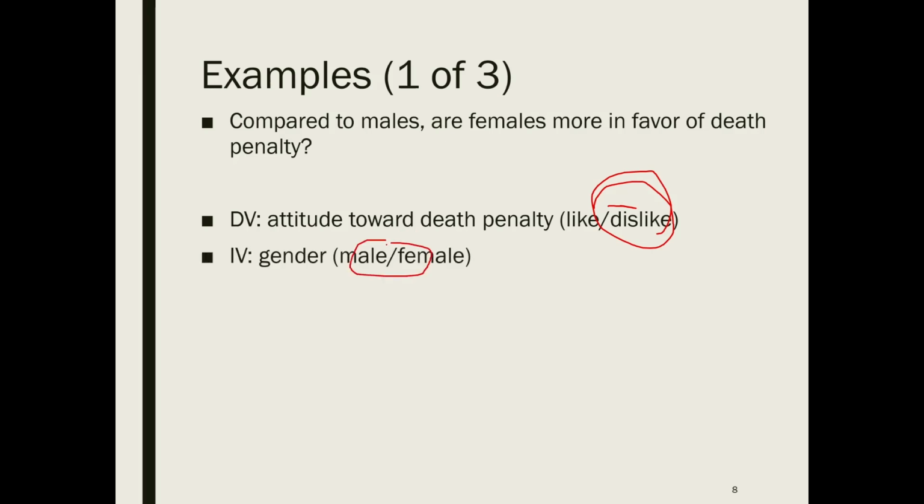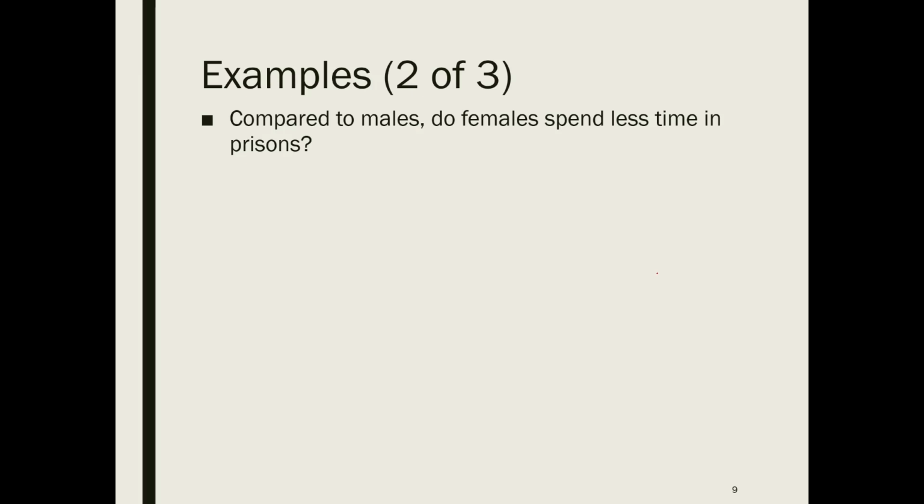Again, this looks like a categorical variable. So you have a dependent variable as a categorical variable, and the independent variable as a categorical variable as well. So what proper method are you going to use? The chi-square.